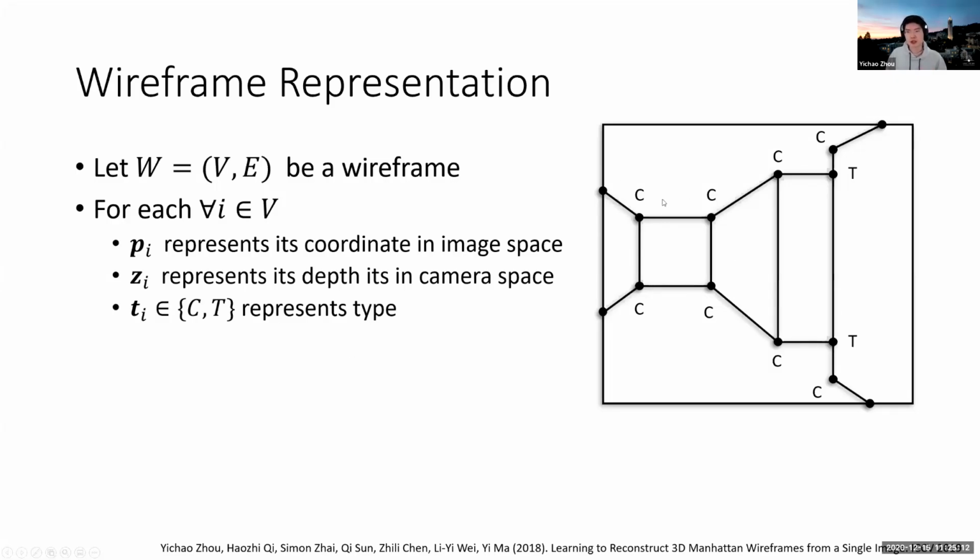In this work, we mainly focus on two types of junctions, the C-type junction and the T-type junction. The T is a T junction, where you have a background line that is occluded by a foreground plane. For the rest of the junctions, we just assign them to C. There are other types of junctions if you have more assumptions, but we only consider these in this work.